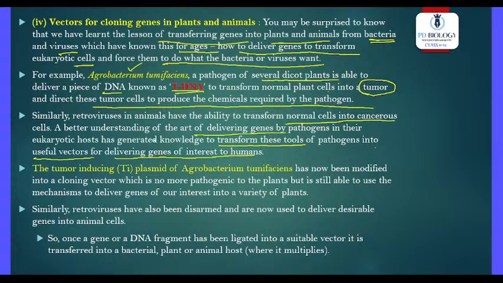The Ti plasmid of Agrobacterium tumefaciens has now been modified into a cloning vector, which is no more pathogenic to the plants but still able to use the mechanism to deliver genes of our interest to various plants. Very important paragraph to remember. It is modified into a cloning vector without pathogenic activity.